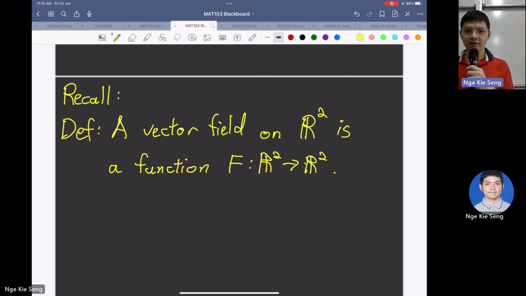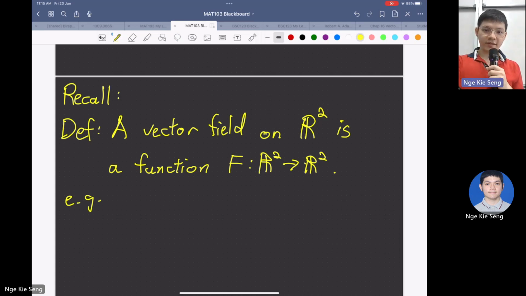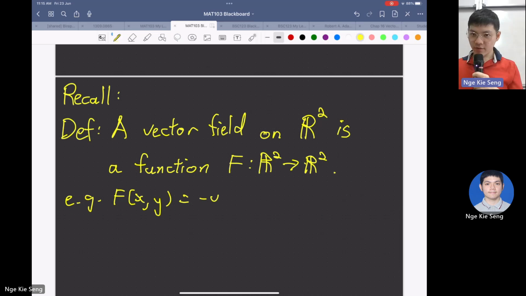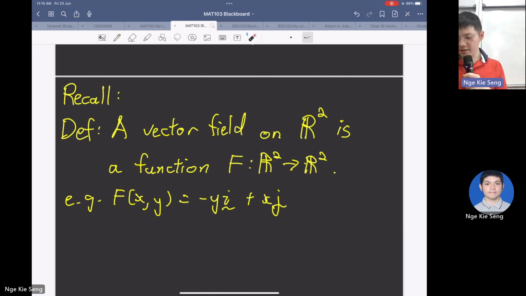What's the example of a vector field we had last time? We had the example F(x,y) = -y i + x j. I give you a point (x,y), you give me a vector.